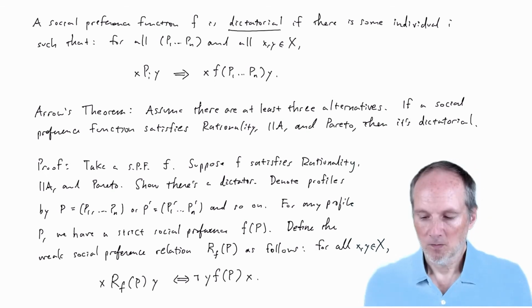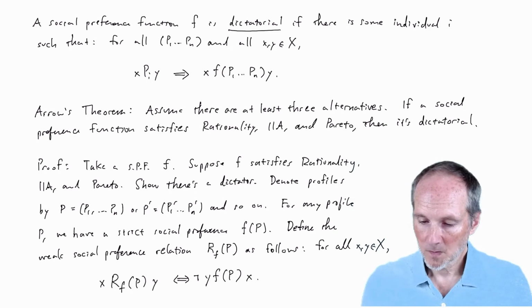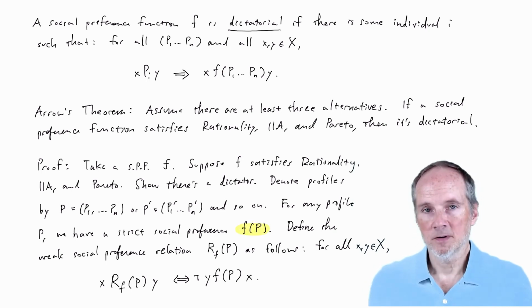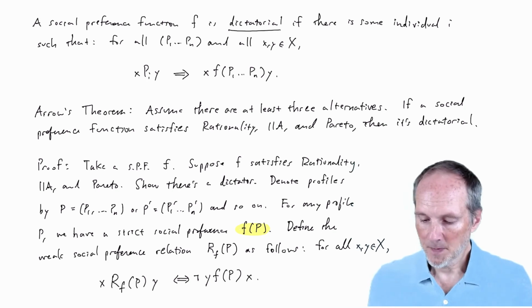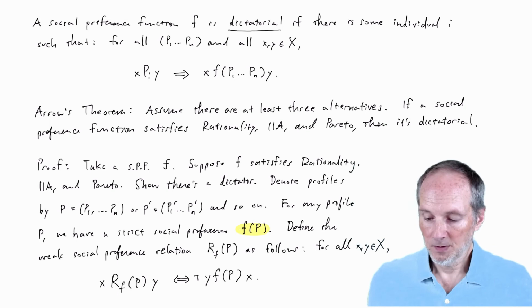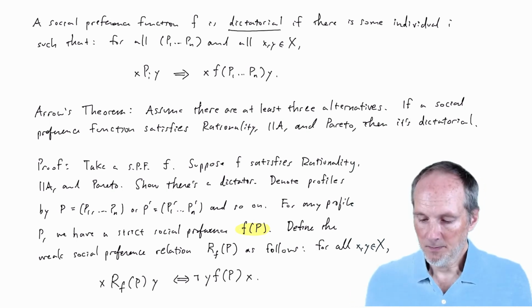And remember, we're assuming here that F satisfies rationality, and so this strict social preference is a weak order, it's asymmetric and negatively transitive. And therefore, we can think of it as a ranking.